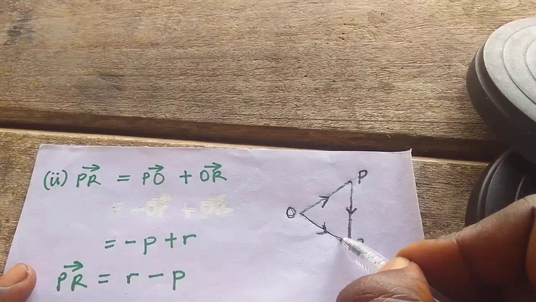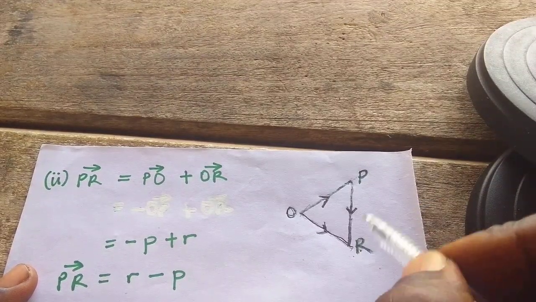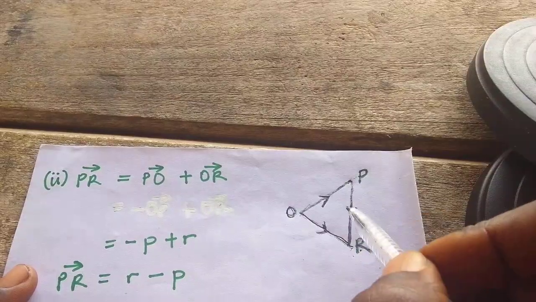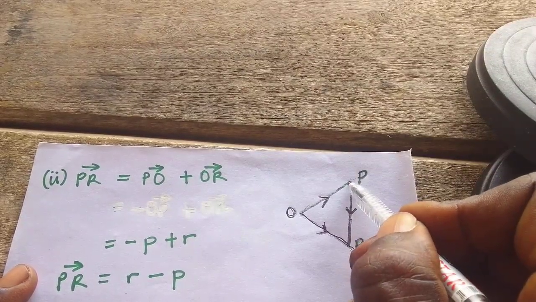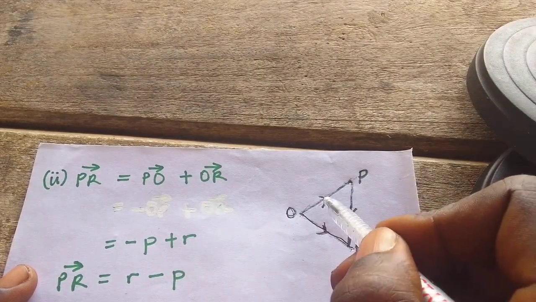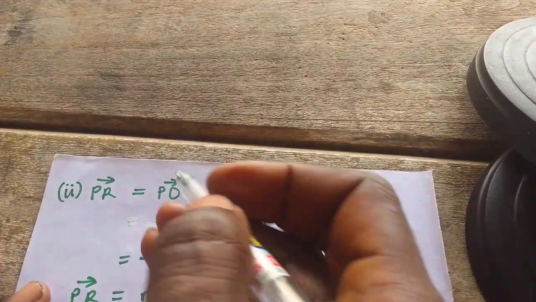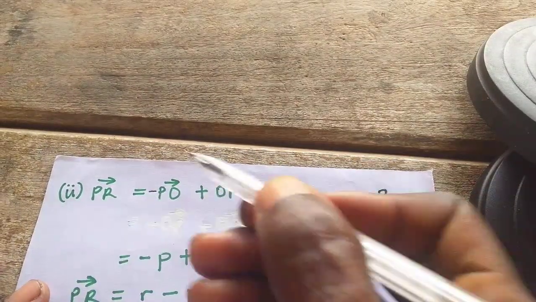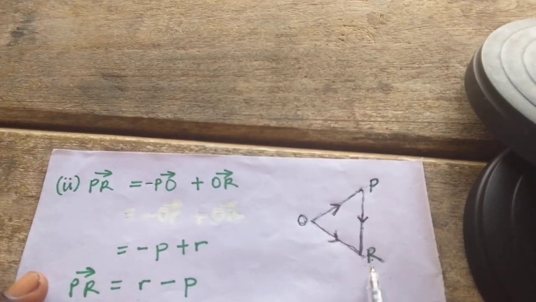If we now want to describe PR in relation to the position vector, you start at P and end at R. When you are starting at P, you move contrary to this arrow. If you are moving contrary to the arrow, this will be minus OP, then plus this OR.